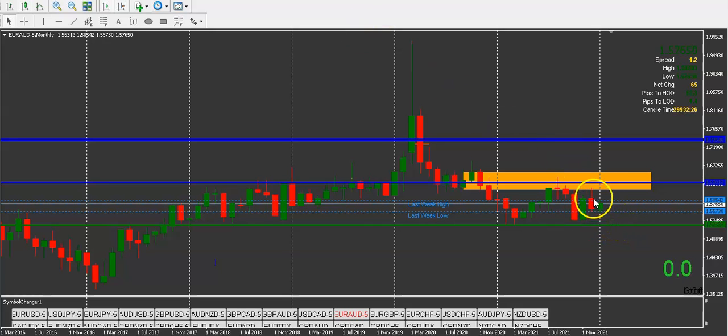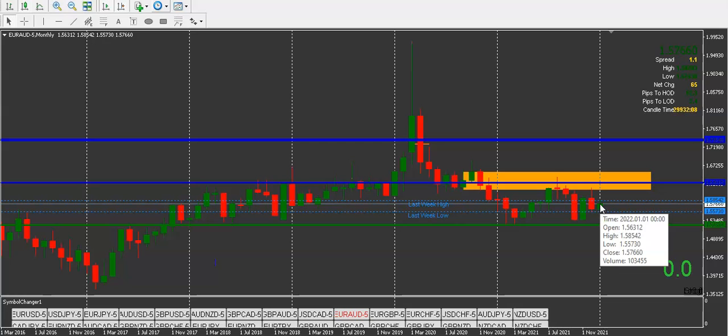What's the low on this one? 608. What's the low on this one? 655. And so far the low on this is 655, and the low on this is 608.